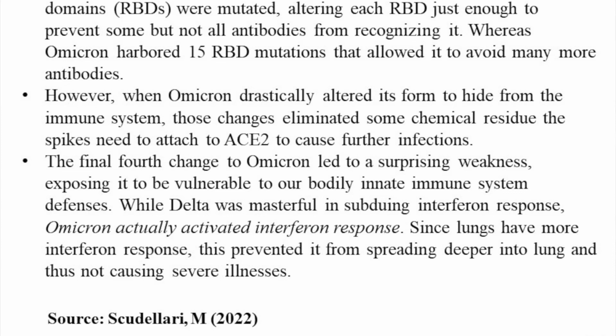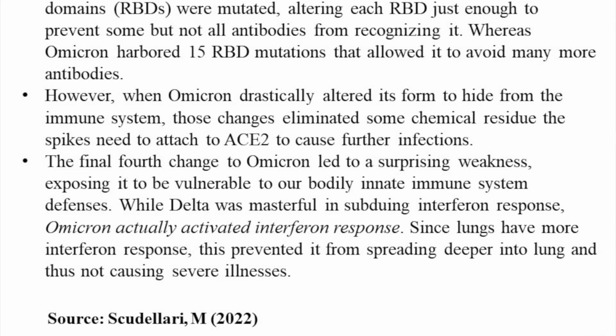However, when Omicron drastically altered its form to hide from the immune system, those changes eliminated some chemical residue that spikes need to attach to the ACE2 receptors in humans to cause further infections. The final fourth change to Omicron led to a surprising weakness, exposing it and making it vulnerable to our bodily innate immune system defenses.